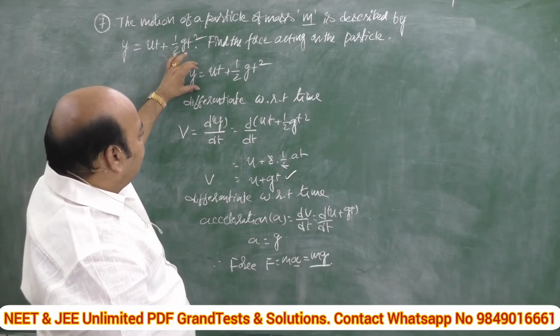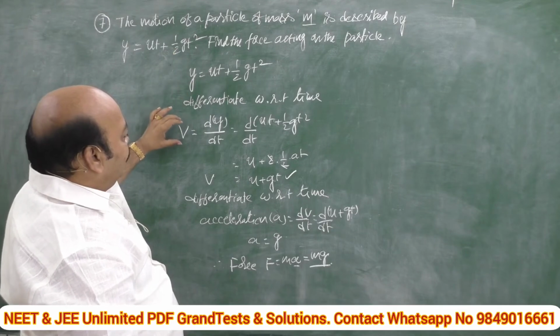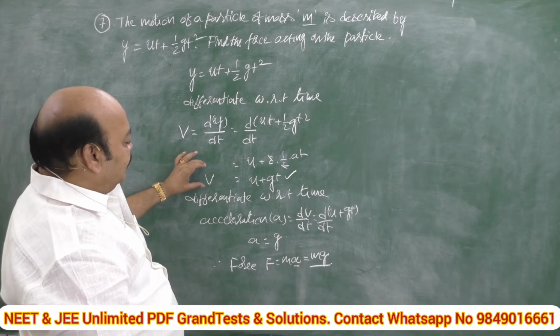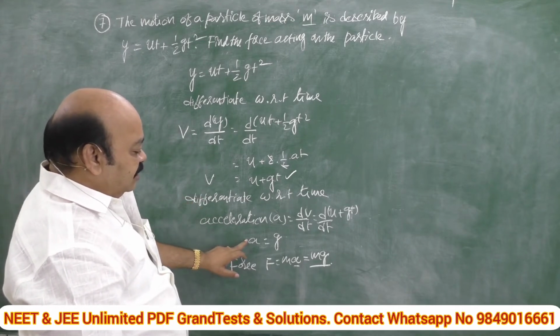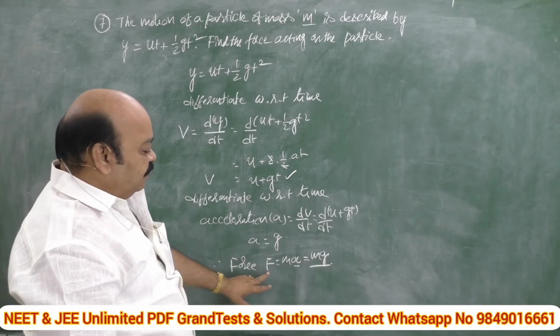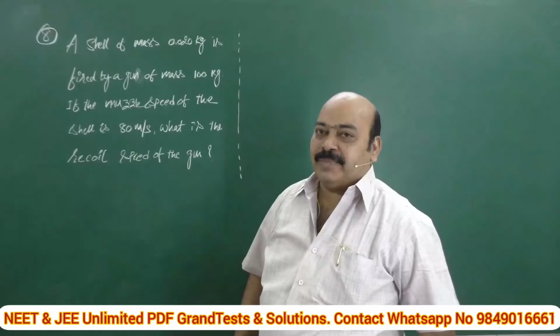Once we differentiate the displacement equation to obtain velocity, after this once again we differentiate this to get the acceleration value. After getting acceleration, according to Newton's law, F is equal to ma. In the place of a, simply its value g was substituted.